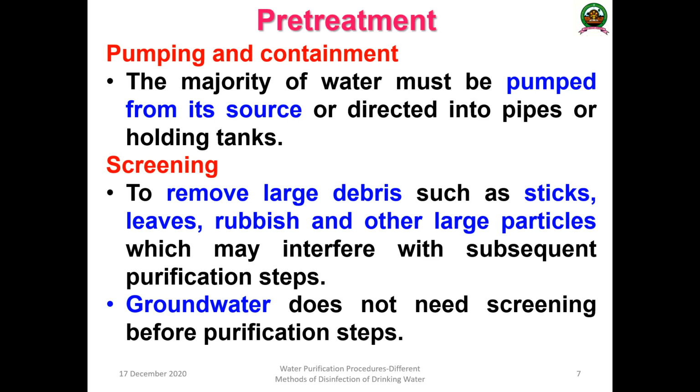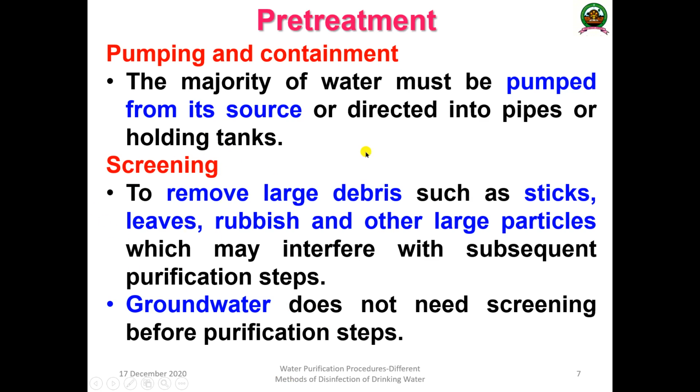The majority of the water from various sources such as rivers, streams, lakes, wells, springs, or wherever water is adequately available, even from canals, will be pumped using well-sanitized pipes and directed to pipes or a holding tank, either from groundwater or from surface water sources.